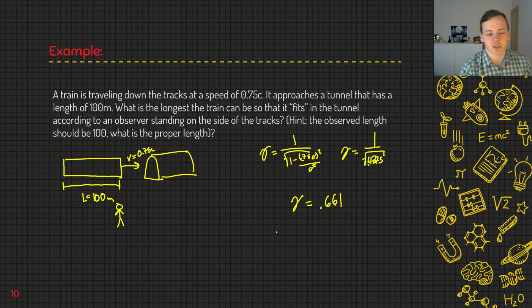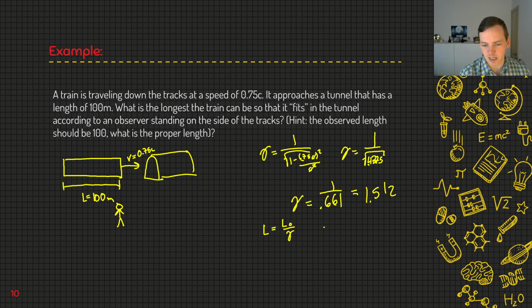So if we know that gamma is 0.661, we can set our observed length equal to proper length over gamma. Sorry, it should be 1 over 0.661. And again, I was able to double check that for myself because we know that gamma has to be greater than 1. So when I saw the 0.661, that clued me into I had forgotten to divide.